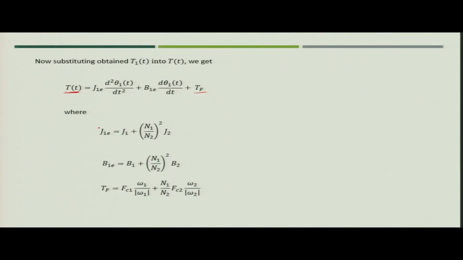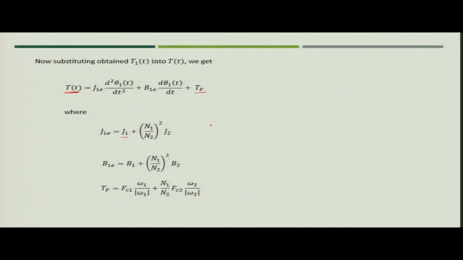So, what is J1 equivalent, that is J1 plus N1 upon N2 square J2, B1 equivalent is B1 plus N1 upon N2 square B2, and Tf is nothing but Fc1 omega 1 divided by mod omega 1 plus N1 upon N2 Fc2 omega 2 upon mod omega 2.